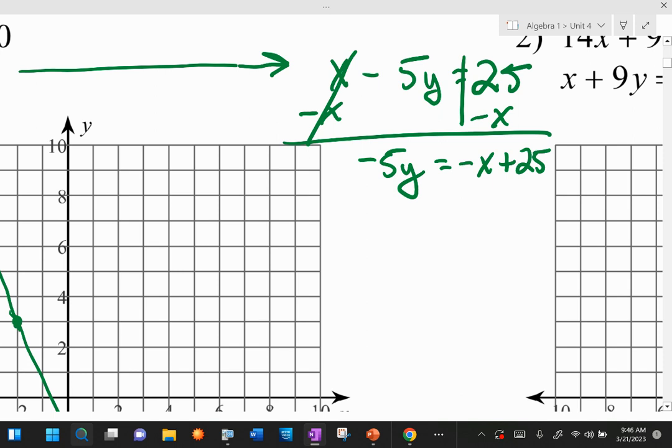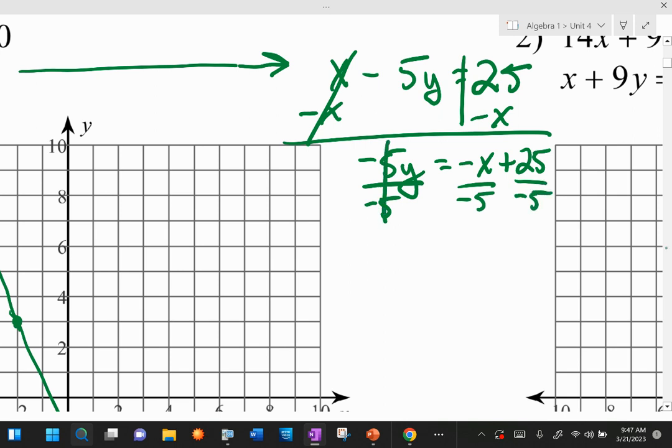It means these are doing what? Multiplying. Right. Okay, if they're touching. So what's the opposite of multiplying by negative 5, Emma? Yeah, dividing by negative 5. Yeah, the whole thing. Okay? So we'll divide everything by negative 5.